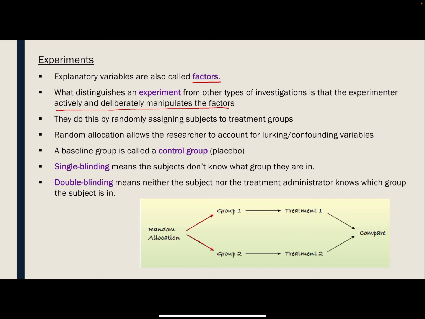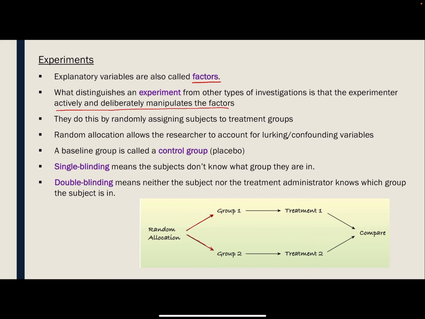So if there's still a difference in the response variable at the end, you know that it wasn't because of those lurking variables. If there's any kind of baseline group, like in my previous example, if they don't give coffee at all to group 1, that would be considered a control group or a placebo group. An experiment does not have to have a control group.